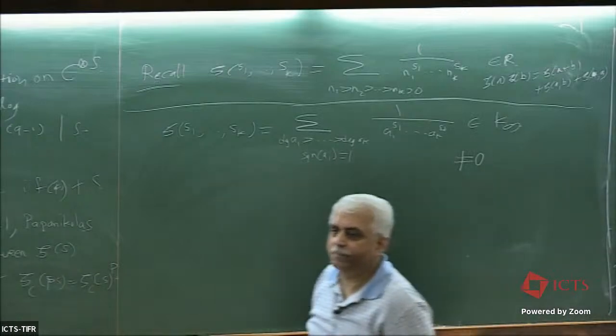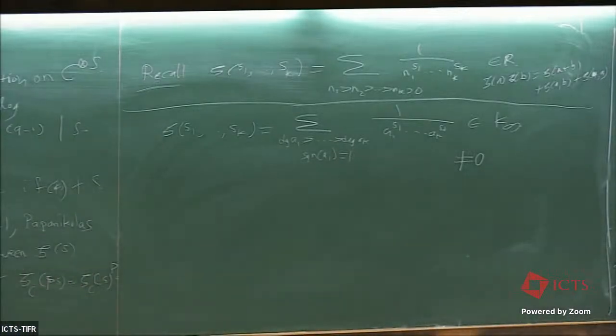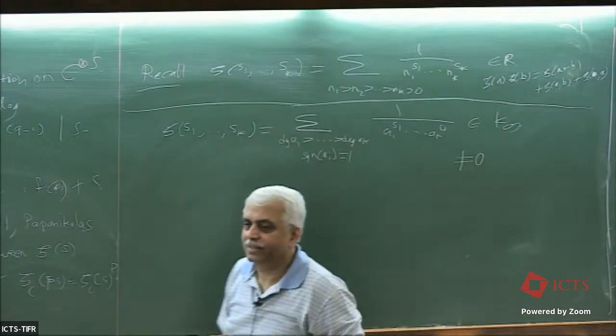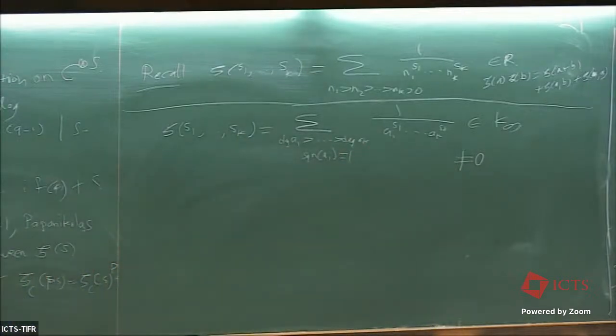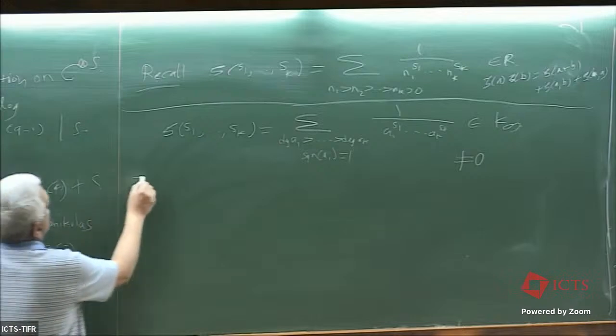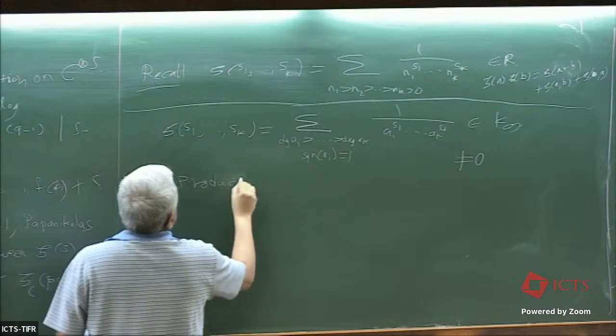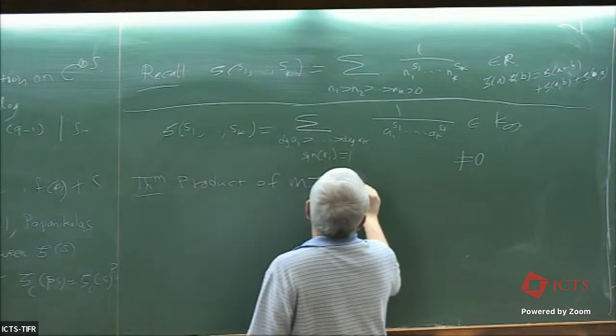That's how the sum shuffle works. That itself breaks down, right? Because there are too many things of the same degree. So it was not clear for a long time whether this satisfy any shuffle relations, but eventually I showed that they satisfy shuffle relations, and the shuffle relations are universal. That means they not only work for FQT, they work for all these things. So the theorem I proved was that this product of multi-zeta, so these are the MZVs, product of MZVs is sum of MZVs.